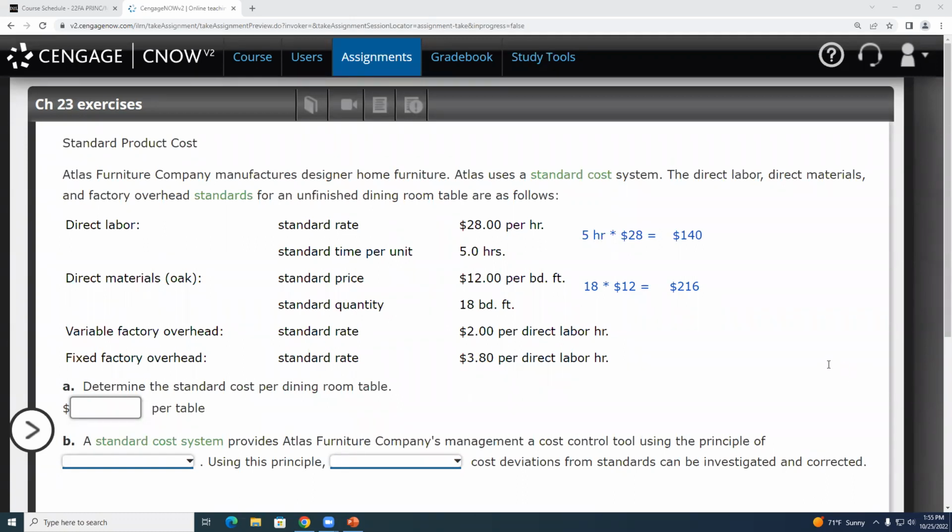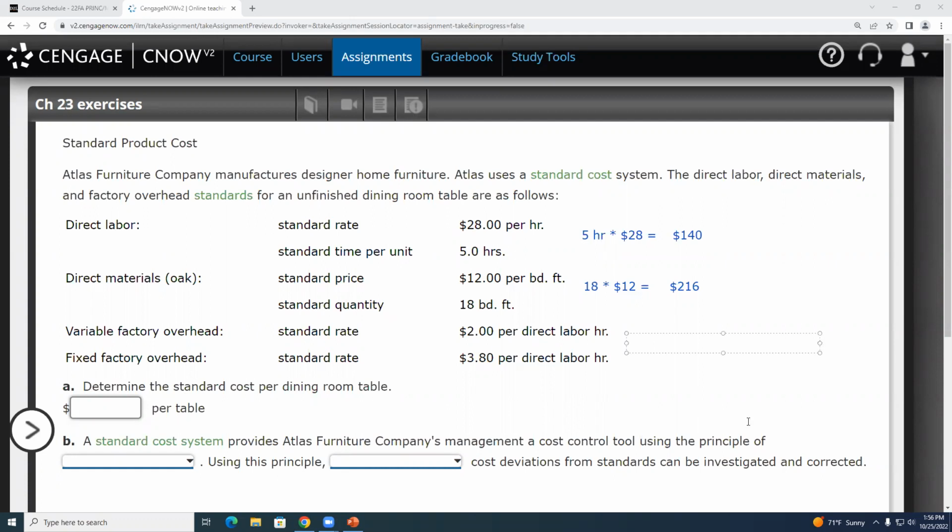Now we, in chapter 16, talked about the traditional approach to allocating overhead. We're simplifying here to use that traditional approach where we have just one allocation for factory overhead. We have a rate for variable and a rate for fixed. And each one of those is going to be applied based on direct labor hours. How many direct labor hours are we budgeting? 5 hours of time.